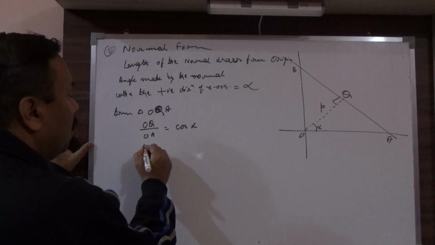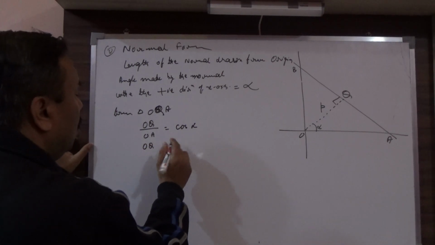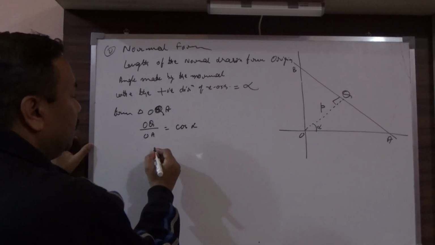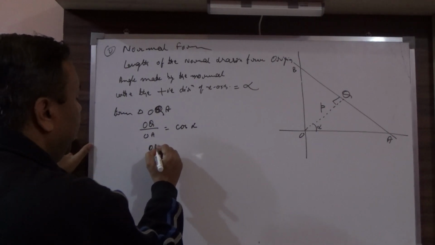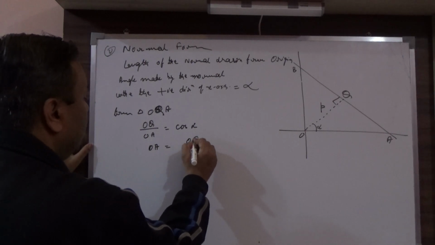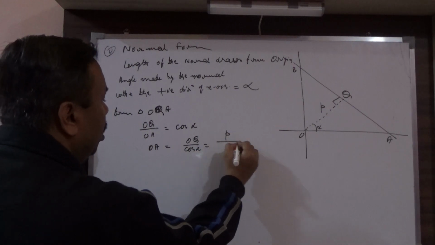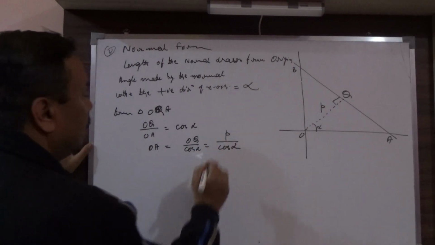So OA will be OQ over cos alpha, or P over cos alpha.